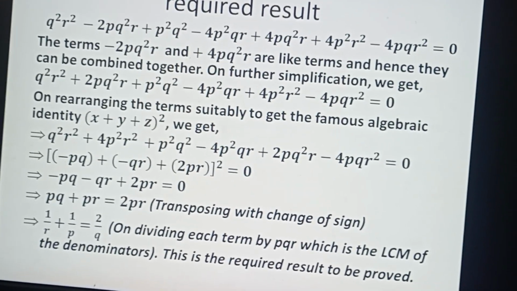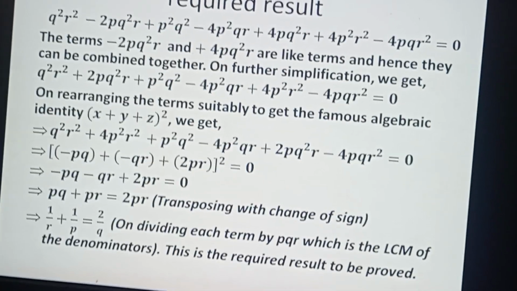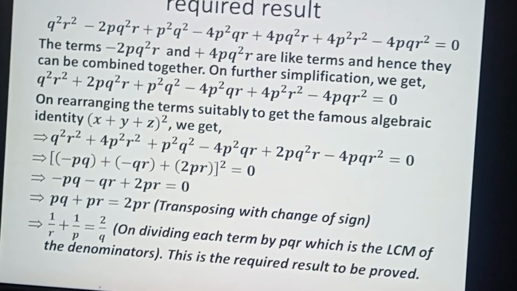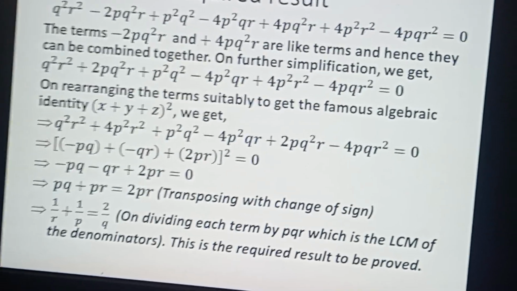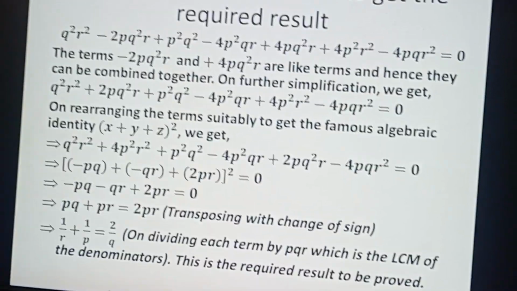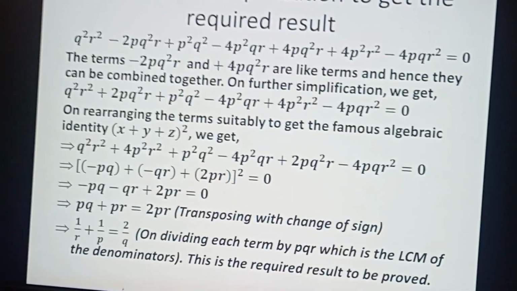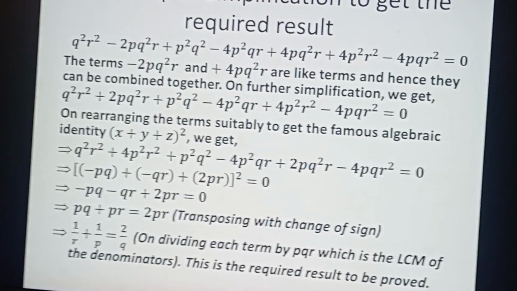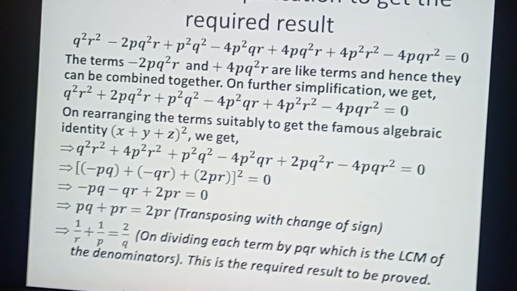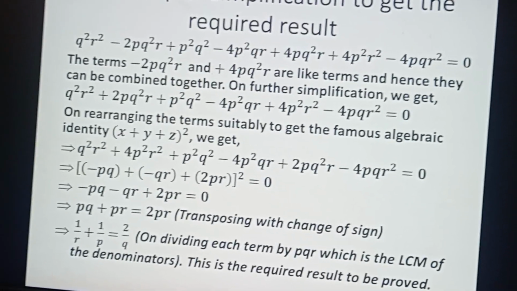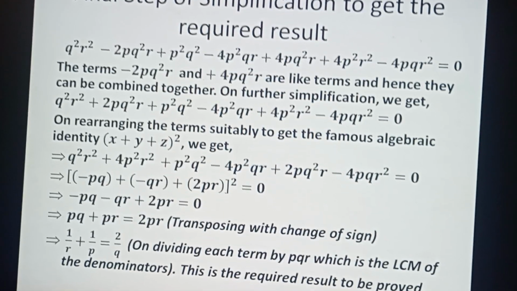Now the square root, that is, you take just minus pq minus qr plus 2pr is equal to 0. Actually, it is whole square equal to 0. So we take minus pq minus qr plus 2pr is equal to 0.